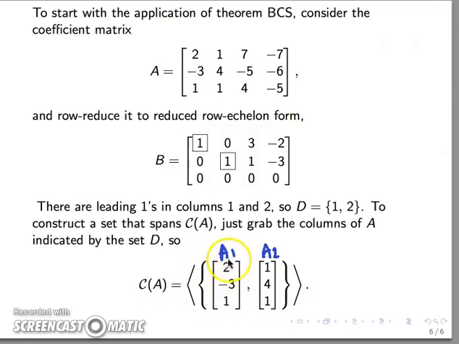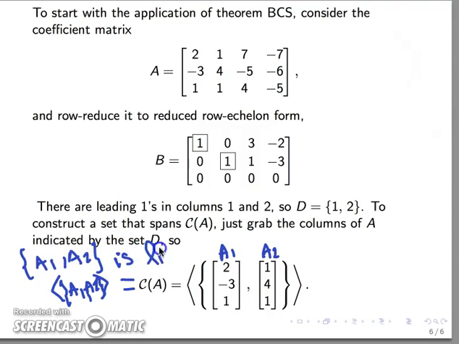In other words, the column space is equal to the span of the set that contains A1 and A2. But this theorem is also telling us that this set with columns 1 and 2 is linearly independent. So we would say that the set with those 2 columns is a basis for the column space. A basis is a set that has both properties, the spanning property and the linearly independent property.